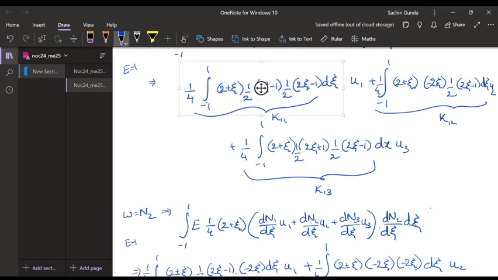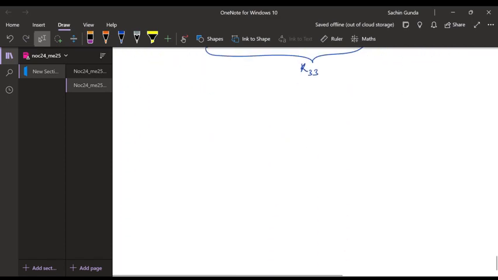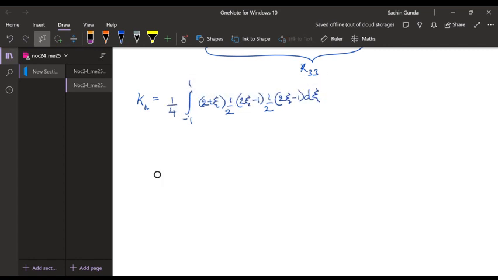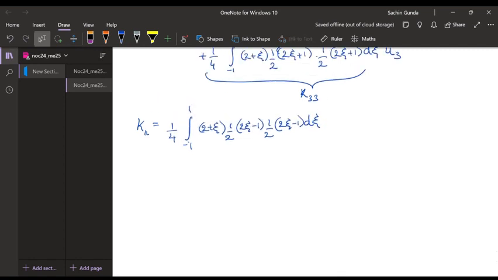The expression for K11 will be 1 by 16, minus 1 to 2 plus psi times 4 psi square minus 1, and then it will be 8 psi square minus 2 plus 4 psi cube minus psi.